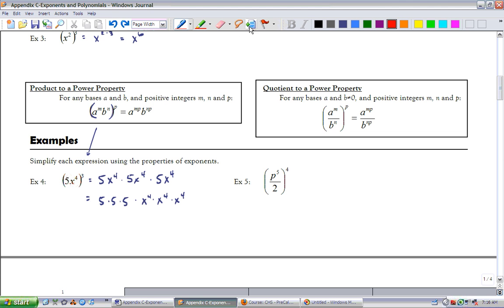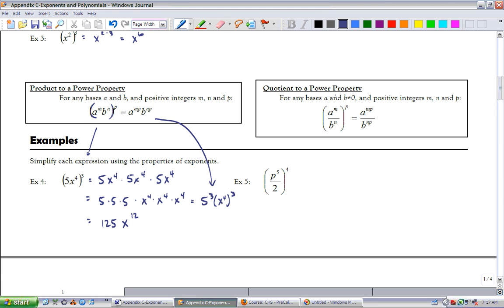Okay, and we end up with 125 x, and then again, if we multiplied all these out, it would be 4 plus 4 plus 4 power, which would actually end up being x to the 12th. And again, notice that this is 5 cubed times x to the 4th cubed, if you wanted to put it in the form of the product to a power property.